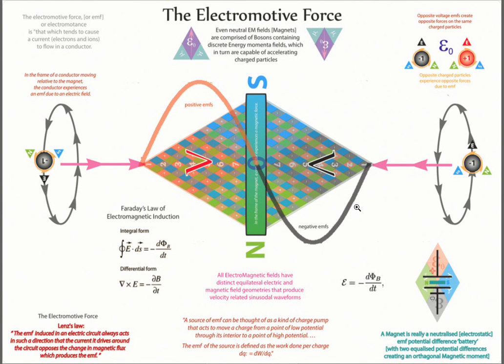And this is in fact what is happening. The E fields of the magnetostatic field produce, or the energy momenta within the E fields produce, the forces on the charged particles in the conductor that moves about the magnet.